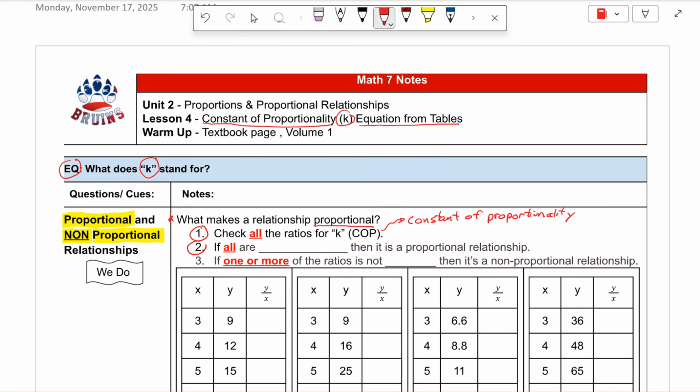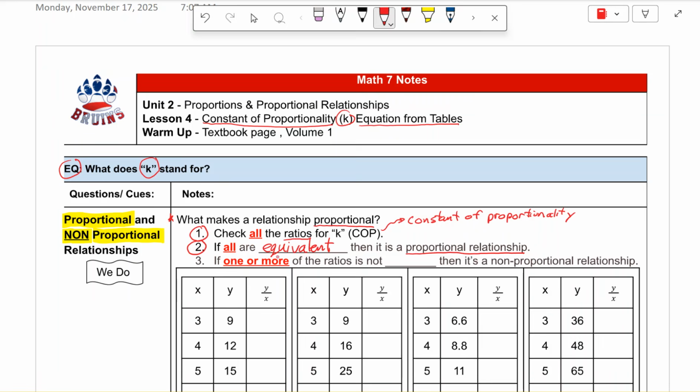Number 2, if all, again in red, underlined, if all are equivalent, then it is a proportional relationship. Okay, so the first one was check all the ratios, all ratios.